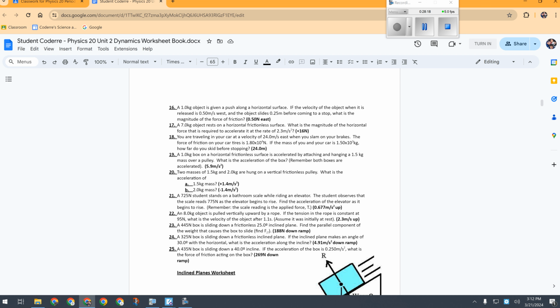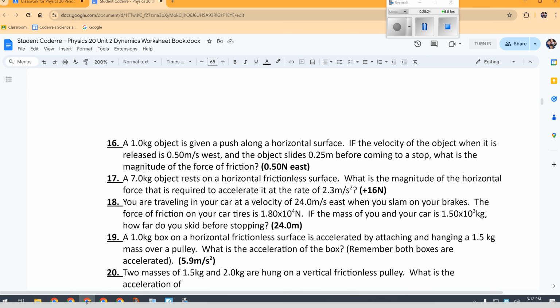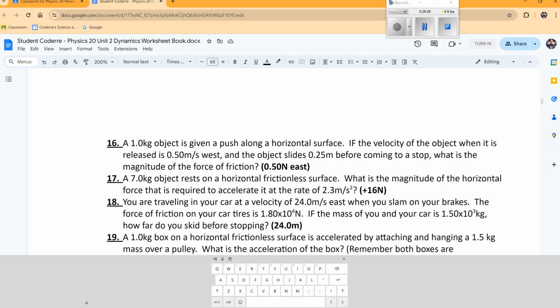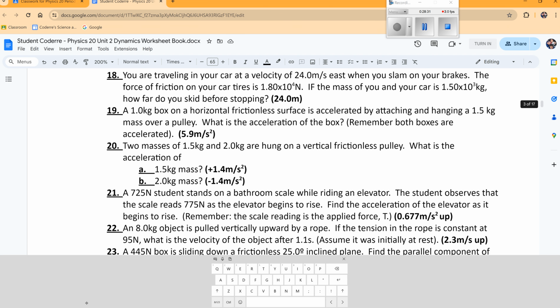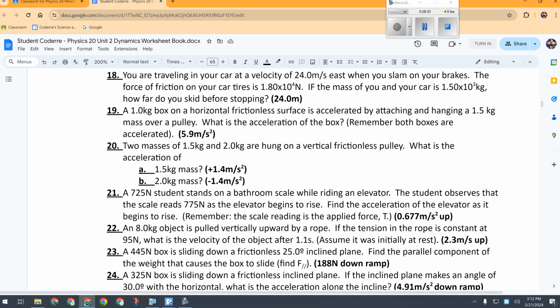20 and 21. Now, I will tell you, the trick with 21 is something you have to watch out for, because lots of Newton's second law problems will do this. A 725 newton student. What did they give you there?